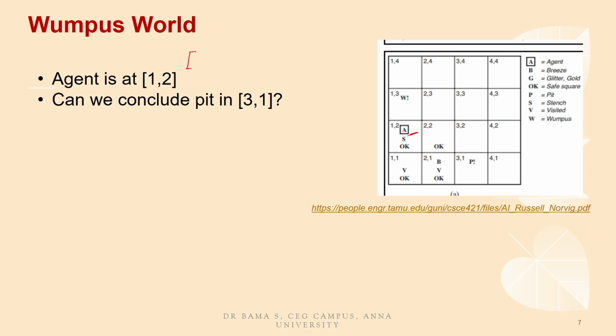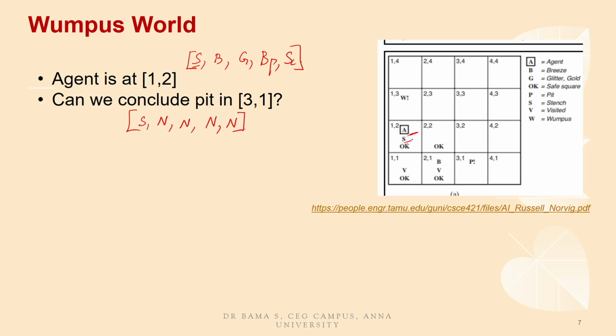So, if we map the formula, again I am just writing the senses: stench, breeze, glitter, bump and scream. The first one stands for stench. Now, at 1 2 there is only stench. So, it would be S, N, N, N and N. There is no breeze.